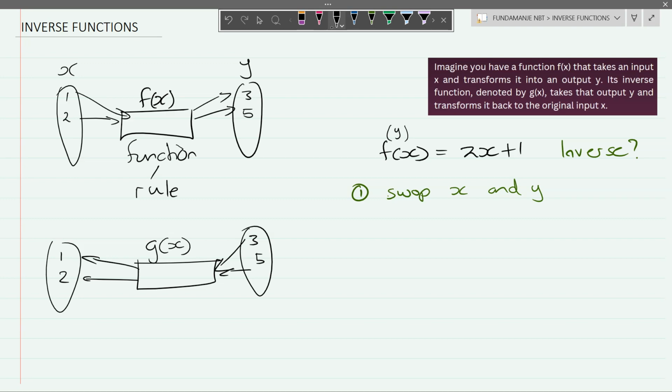So how do we swap these? We basically just change y into x and we say this is equal to 2y plus 1. Then step number 2 is the last step, make y the subject of the formula.